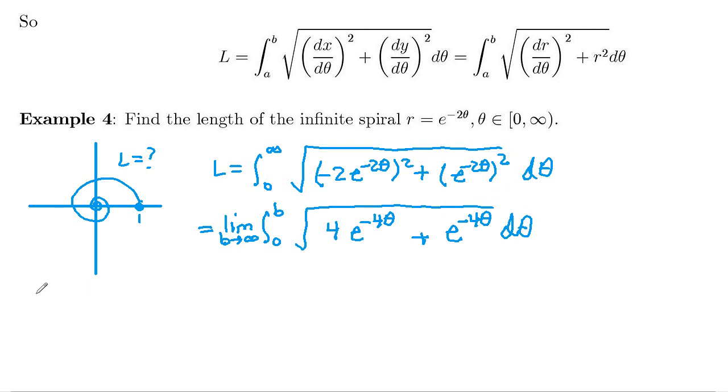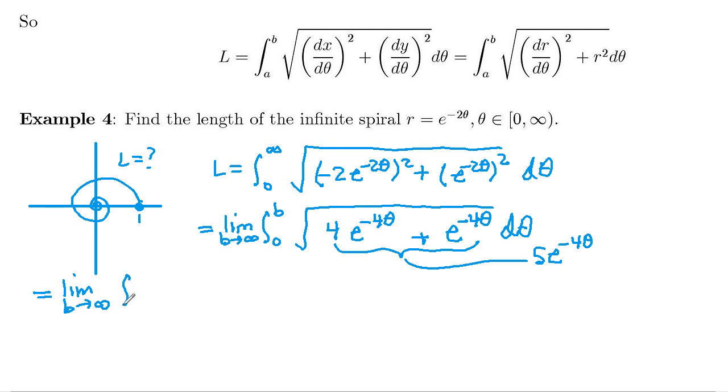So this is just limit b goes to infinity. And then notice these guys are like terms. That just gives us 5 e to the negative 4 theta. And then that's underneath the square root.